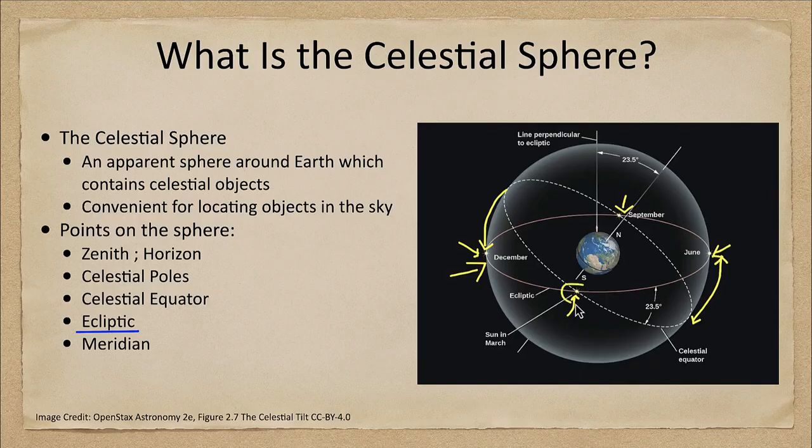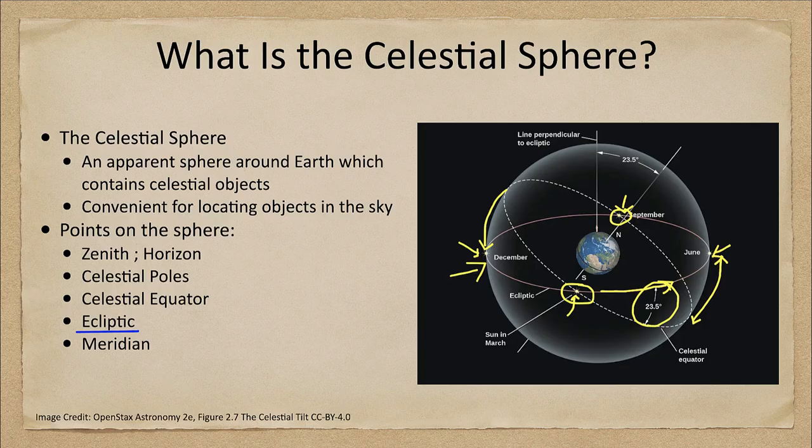And we have the spring equinox that occurs here in March and the fall equinox that occurs in September. So as the sun moves along this path, it will appear higher or lower in the sky because of this tilt. Now that tilt is the 23.5-degree tilt of Earth's axis. And that is what causes the seasons to occur.